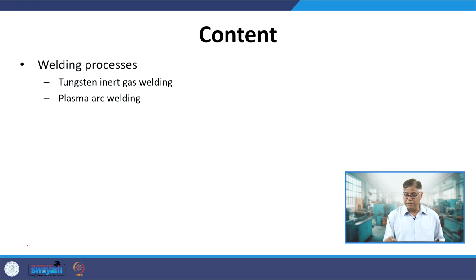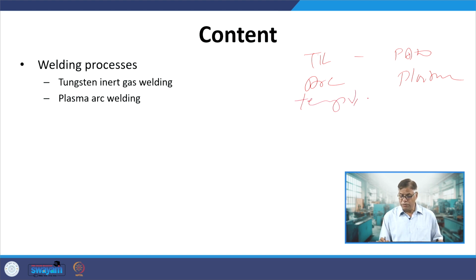So, in case of the TIG we use simply the arc, and here we use the plasma. Here basically the temperature is low, and because of the constriction in the plasma, the temperature is significantly high, which may be like 15,000, 20,000 degree centigrade, as compared to the TIG arc, which may be like 5,000, 6,000 to 10,000 degree centigrade, depending upon the current conditions being used.